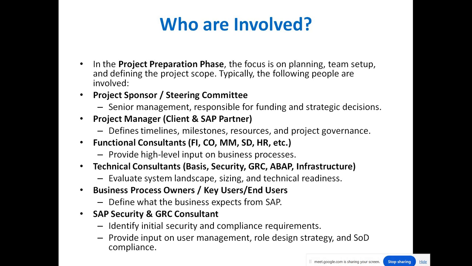For example, if my company is using some other software before SAP, for example Oracle 11i or PeopleSoft or Tally, whatever, when I am running my business, my employees are working in my company and using that software. These are all called end users, or key users.